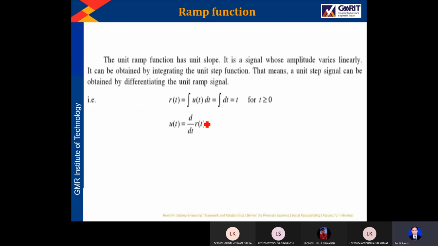And the other point is you can obtain the ramp signal through the unit step function. R of t can be obtained by integrating the unit step function, so integral u of t dt.